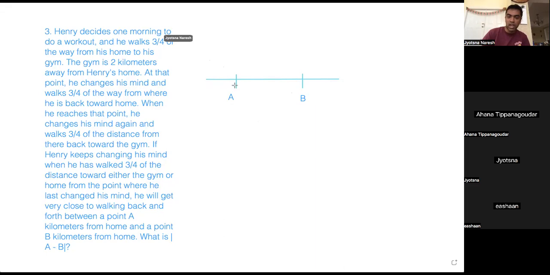Now, one endpoint is the home, and the other endpoint is the gym. So from A to the gym, whatever the distance is, A to B must be 3/4 of that. So basically, if A to B is length 3, B to the gym is 1. So this is a 3-to-1 ratio.